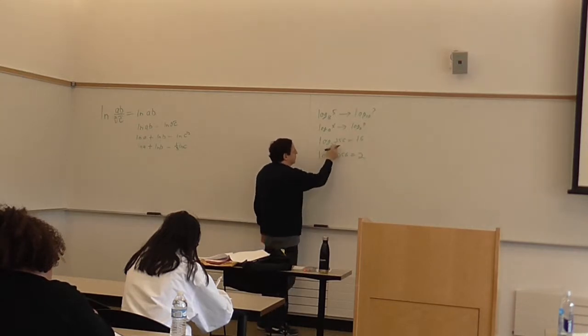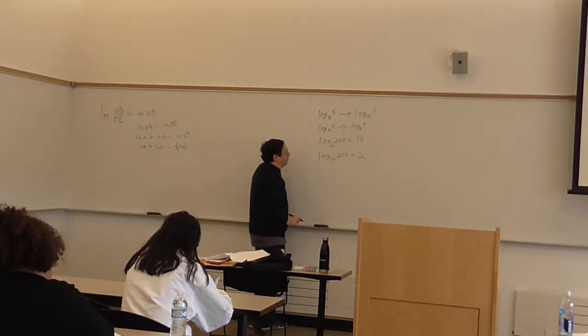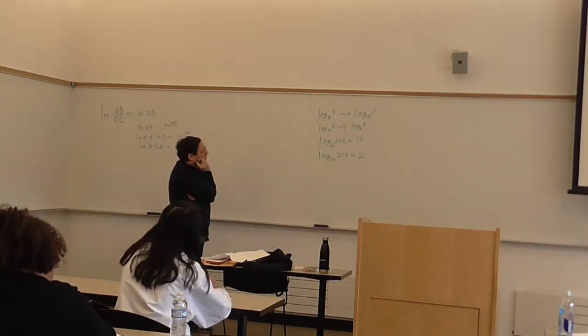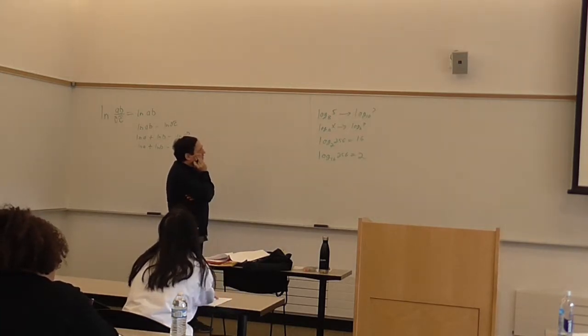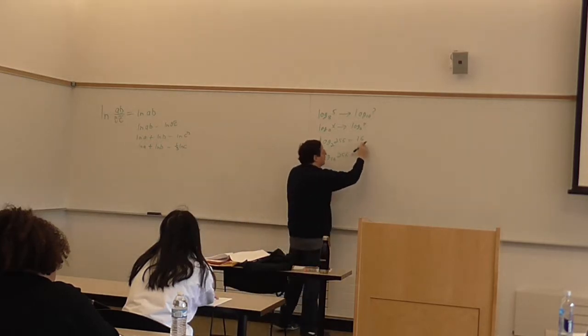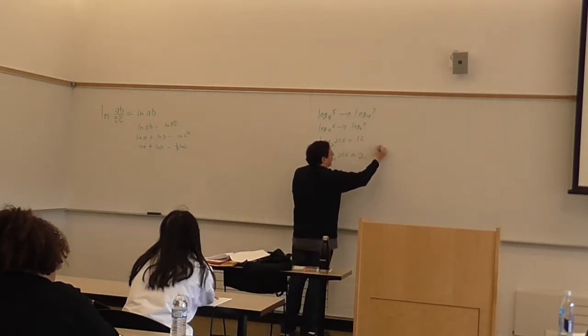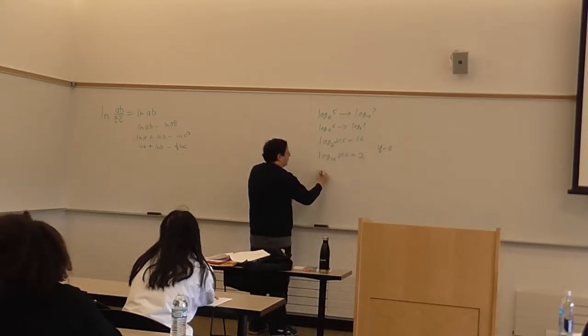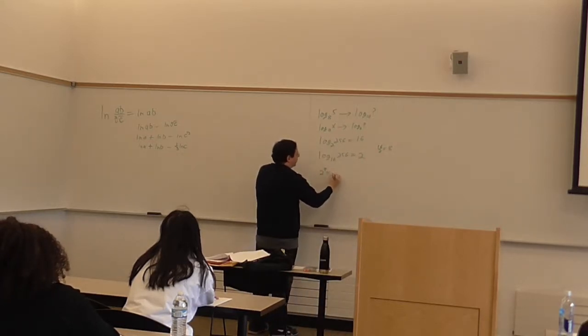It might look like it's just the reverse, but it's not. Just by mere coincidence, 16 over 2 is 8. And 2 to the 8th equals what?